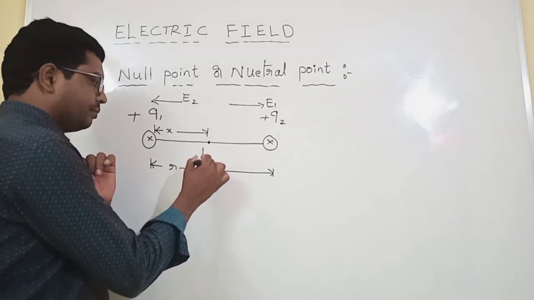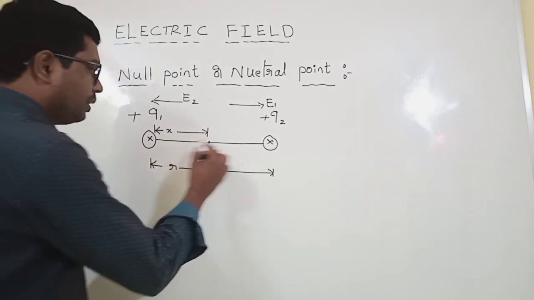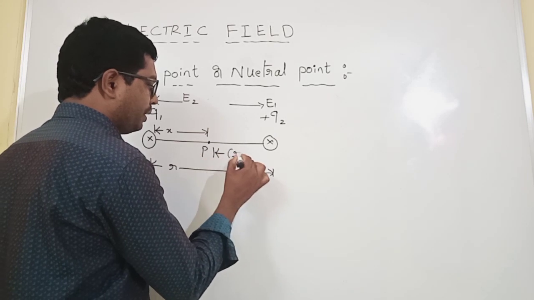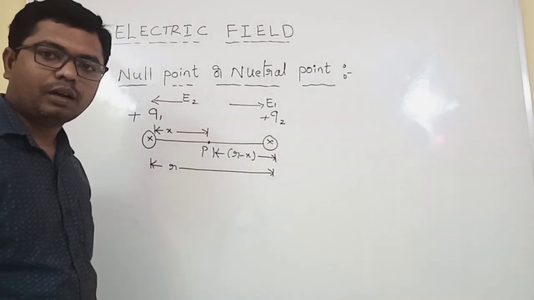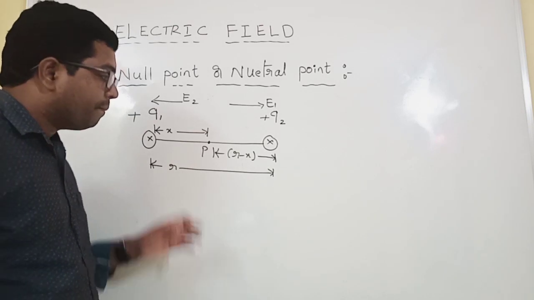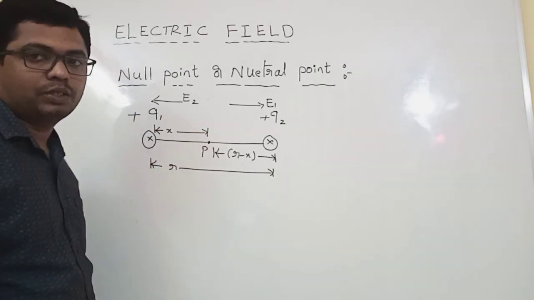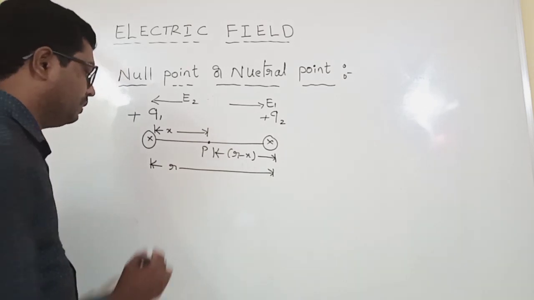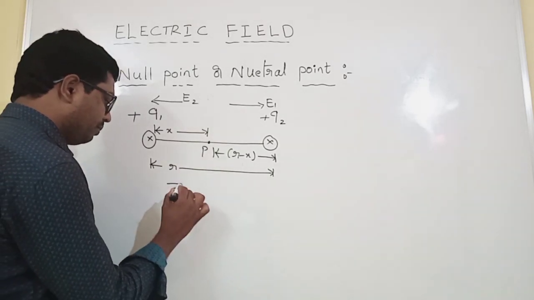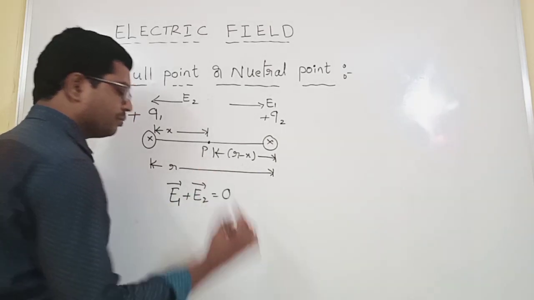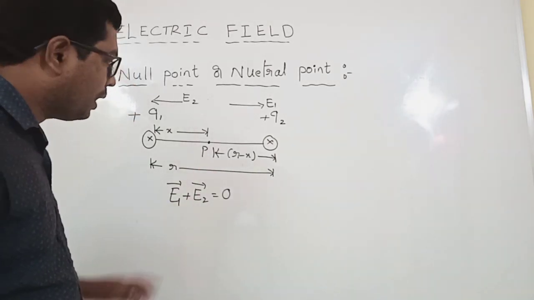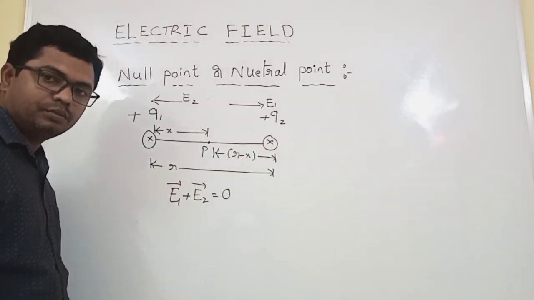So the remaining distance is r minus x. Now we are going to calculate the x value, where x is the distance from the Q1 charge. E1 bar plus E2 bar is equal to 0, so the total electric field at the point P is equal to 0.